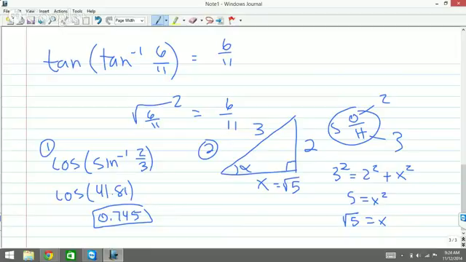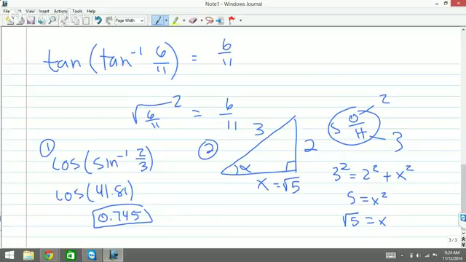Now what's sine 2 over 3? What's the cosine of that angle? What's the cosine of alpha? Adjacent over hypotenuse, right?